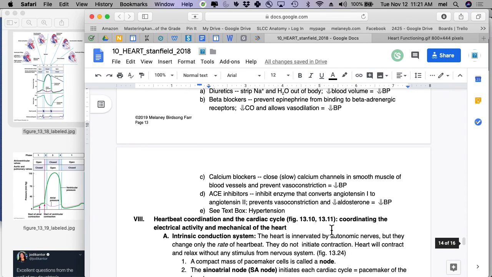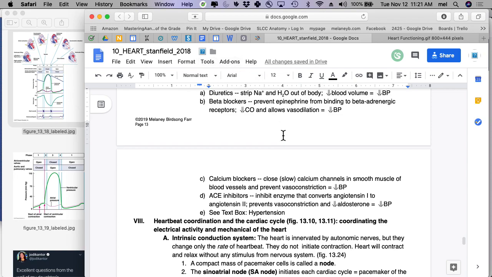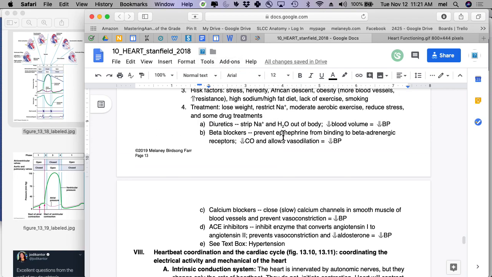Calcium blockers close the slow calcium channels in smooth muscle so they don't constrict as much. ACE inhibitors, our friend, inhibit that enzyme, and you don't get vasoconstriction and aldosterone release. Cool? So these are the major treatments. There are probably more now, but I'll bet you that if you find a new one, it's going to hit heart, vessels, or volume, right?